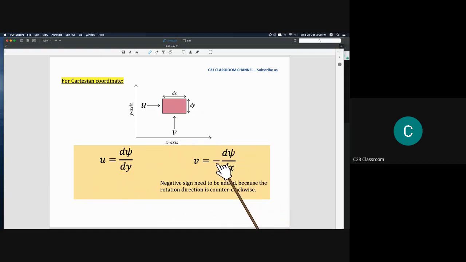It is because after this, we will see the polar coordinates, and polar coordinates will rotate counterclockwise or clockwise.